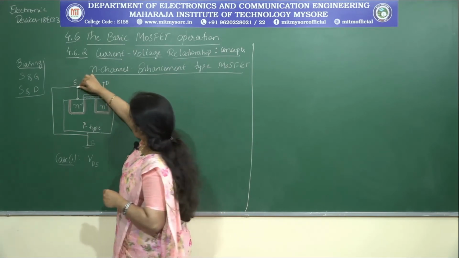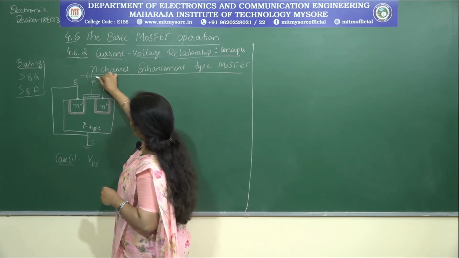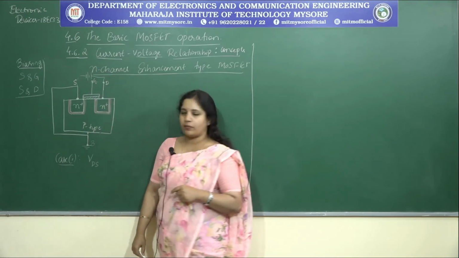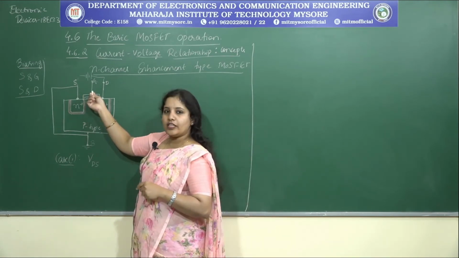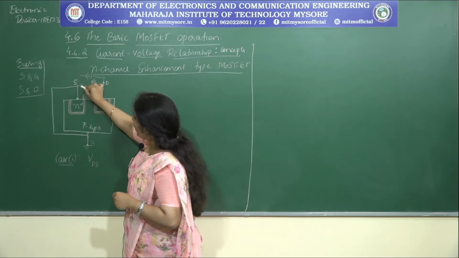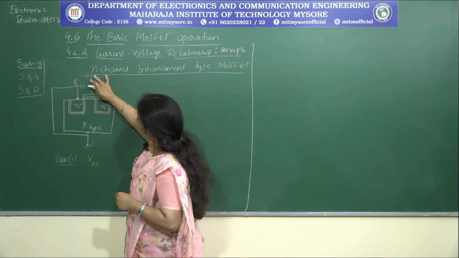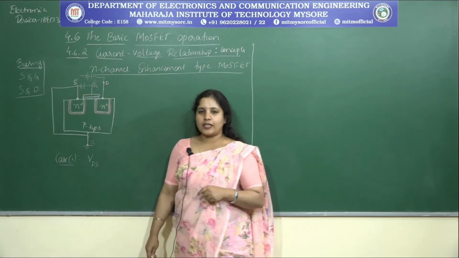This is the negative terminal and this is the positive terminal. The other biasing is between the source and the gate. The source is at the lower potential and the gate is at the higher potential, and this is how I will be providing the biasing.